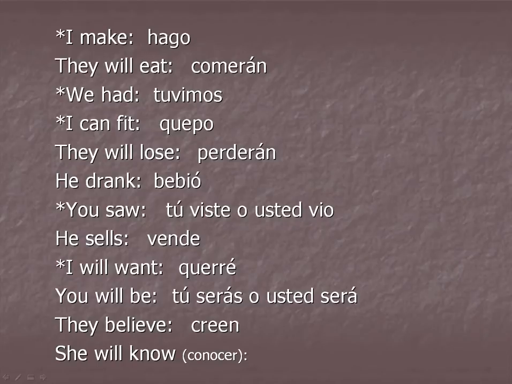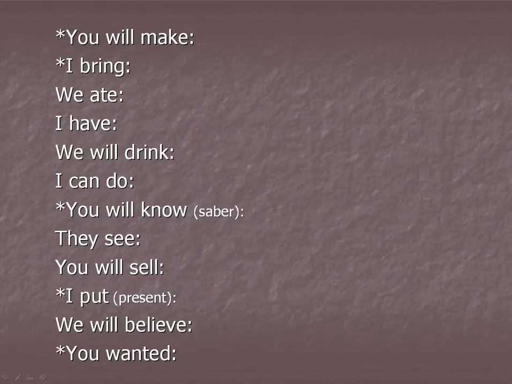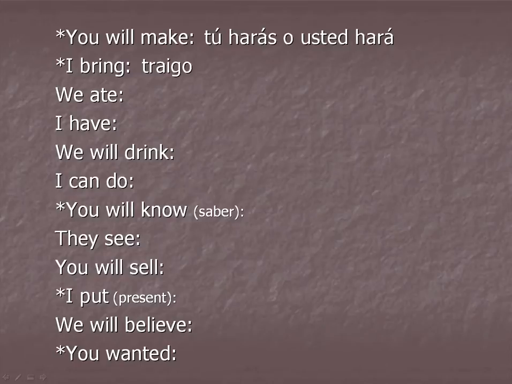Use conocer. Ella conocerá. You will make. Tú harás o usted hará. I bring. Yo traigo.